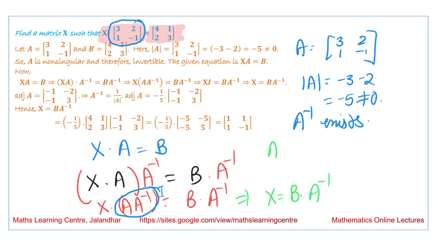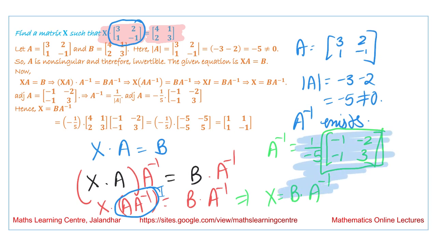Now the value of A inverse is 1 by minus 5 into adjoint of A, transpose, and the value we will have is minus 1, minus 1, minus 2 and 3. This is the value of A inverse. Adjoint is the cofactors we have written, and we have taken the transpose over here.